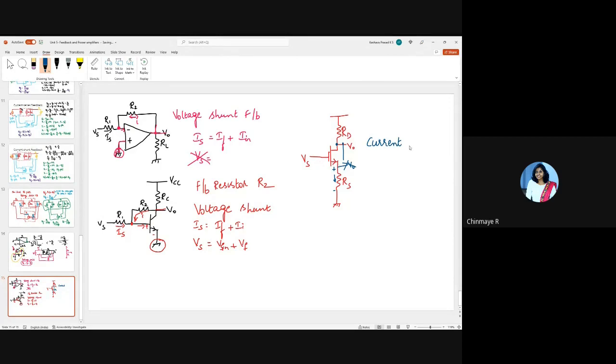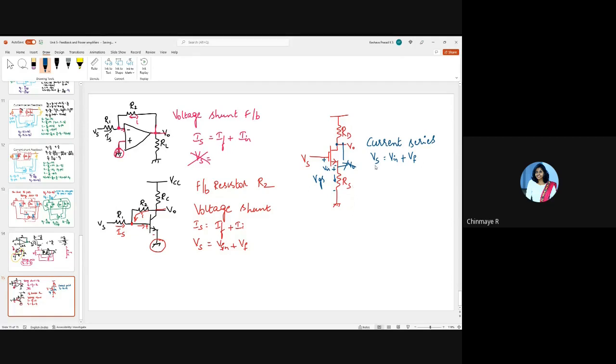And the second term is correct. You're feeding back something in series, because here you can express Vs is equal to, let's call this Vin. The input voltage here is VGS, which is Vin plus Vf, where Vf is the voltage across Rs.